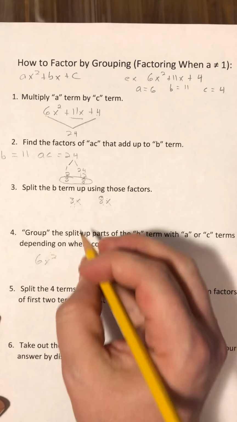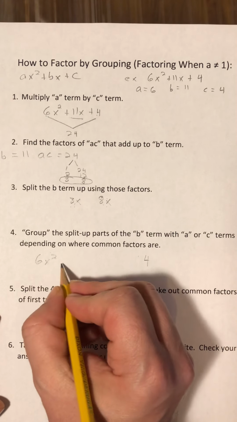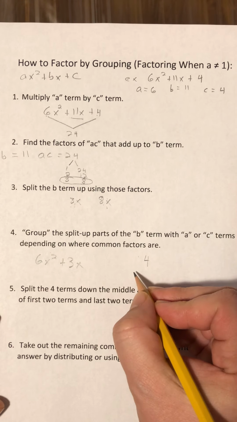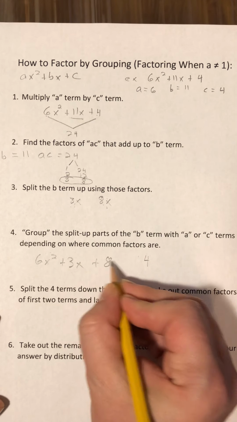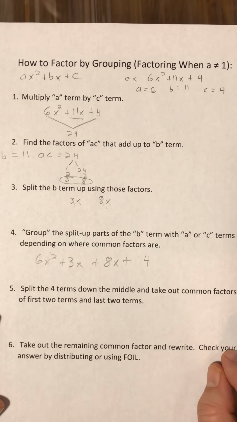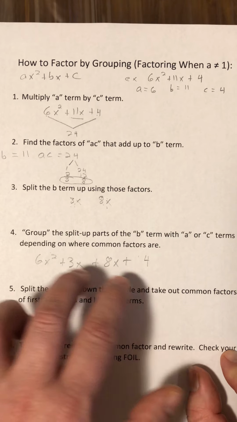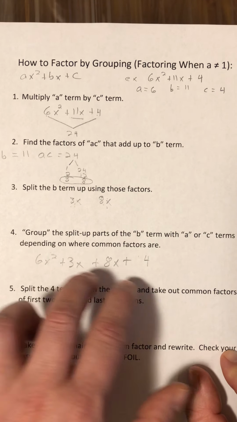So I can group the 3x next to the 6x squared, and I can group the 8x next to the 4. Okay? So now they're paired with sections where I can take out some common factors.